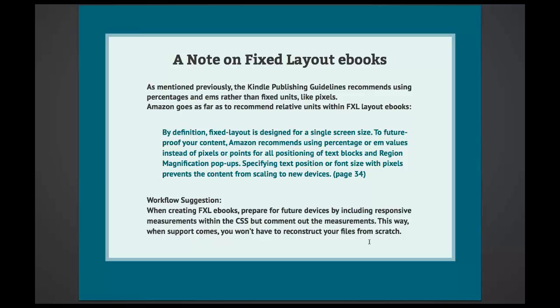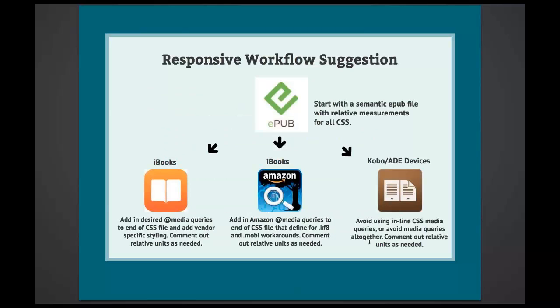So if you have trouble getting your ebooks to have relative units for fixed layout, one suggestion is to comment out those relative units in your style sheets, so that in the future, as they say, you'll be able to swap those in easily. So this is my personal workflow.